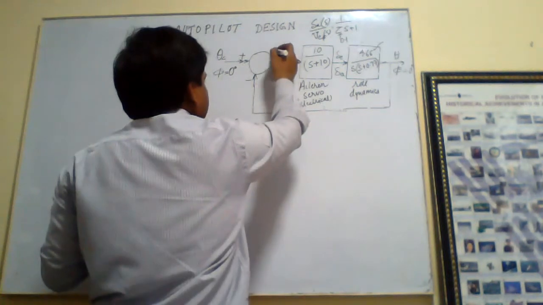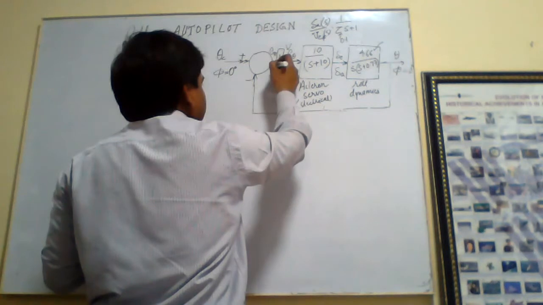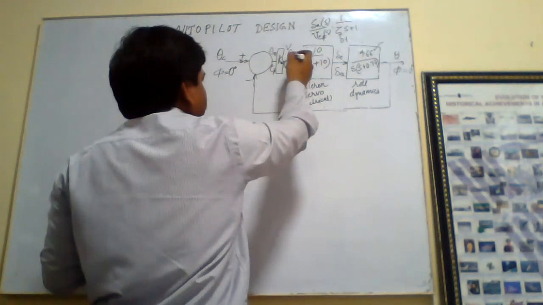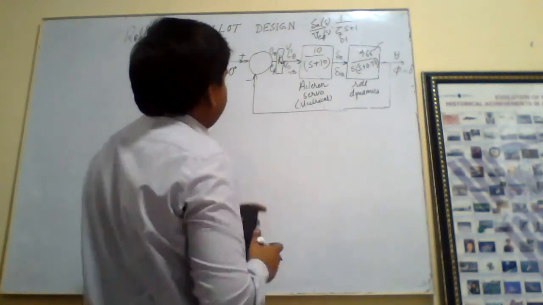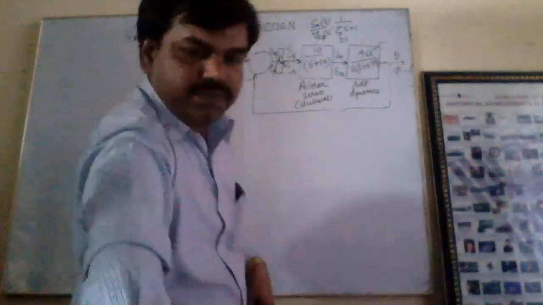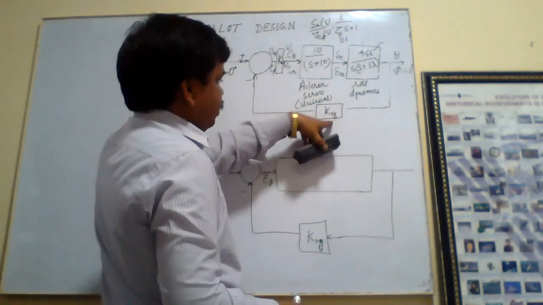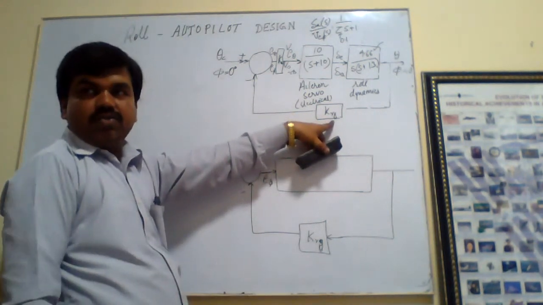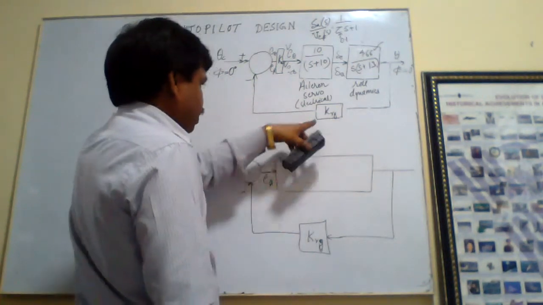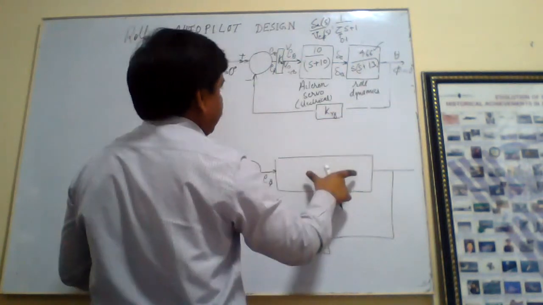So the error in theta, let's say, or error in phi, will multiply, so you will get voltage. So from here I have moved the rate gyro here in the closed loop path, and this will have constant gain.